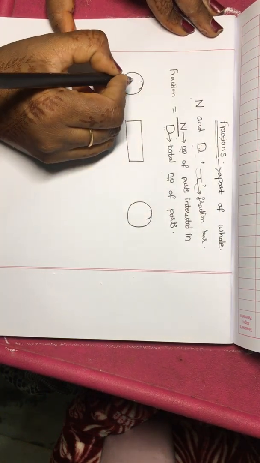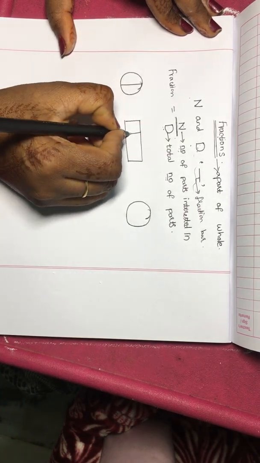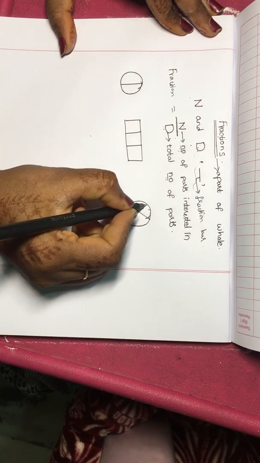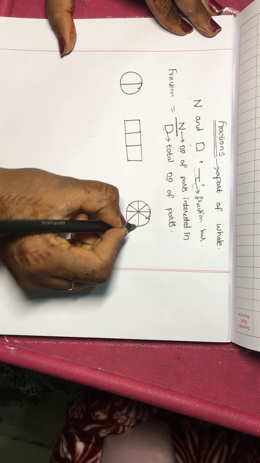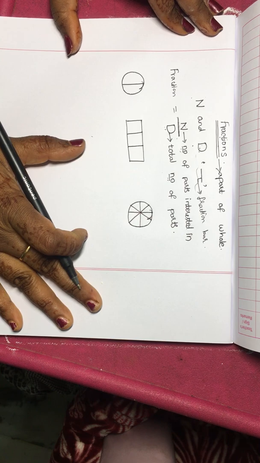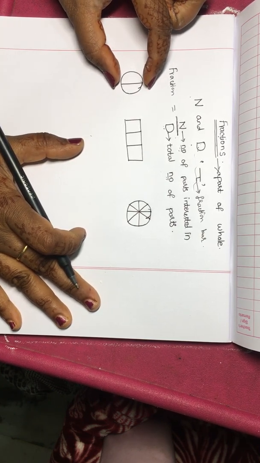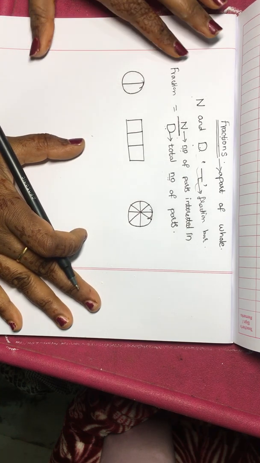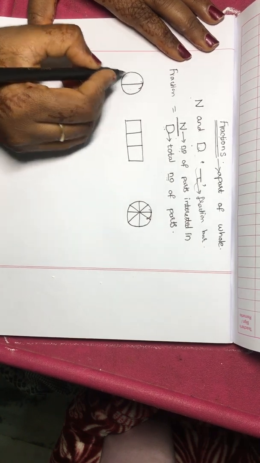This I will divide into 2 parts, and this into 3 parts. This is one full figure, and I am dividing it into 2 parts. Total parts are 2.